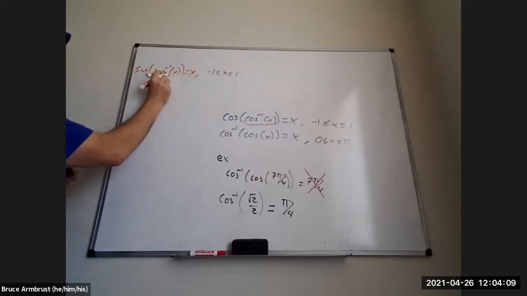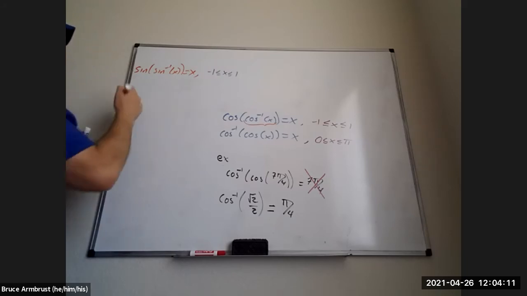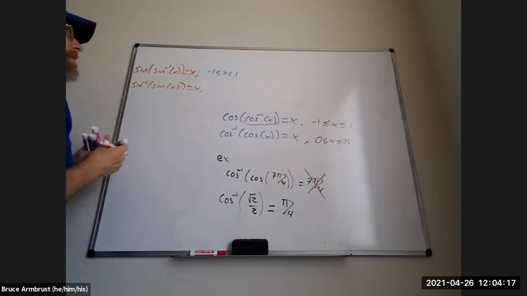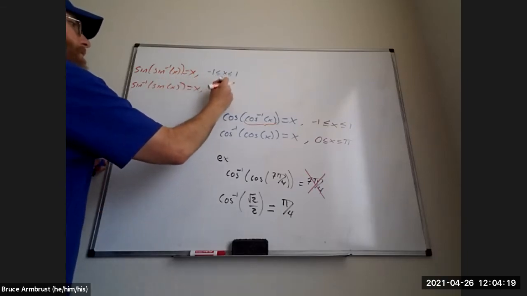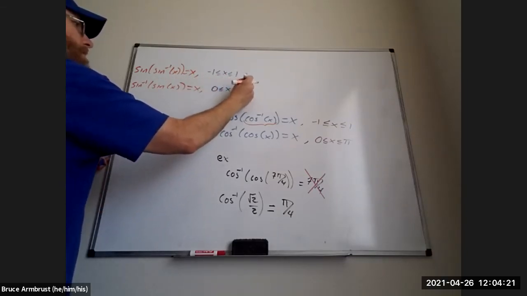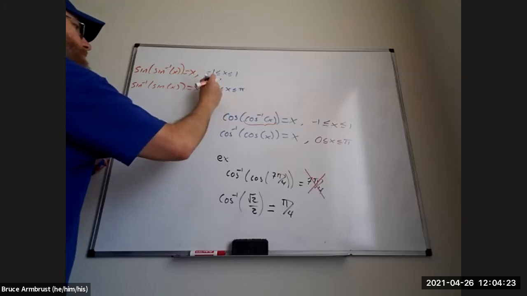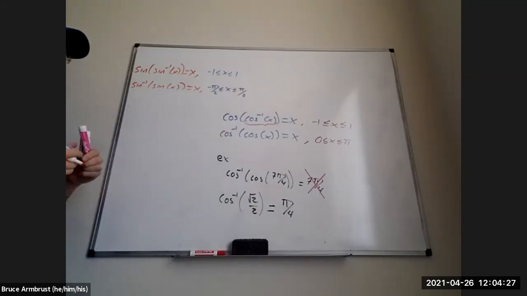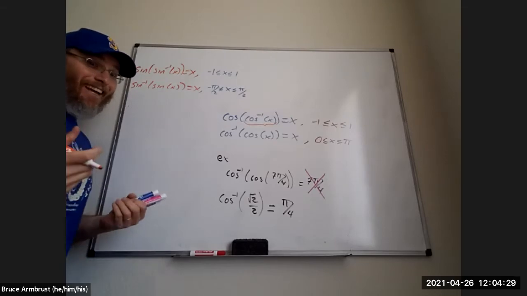For the same reason, there are only certain things we can plug into inverse sine. But then if we do inverse sine of sine of x, that's only going to work when those x's are between -pi/2 and pi/2. That was the restriction that we made on sine just to even have an inverse.